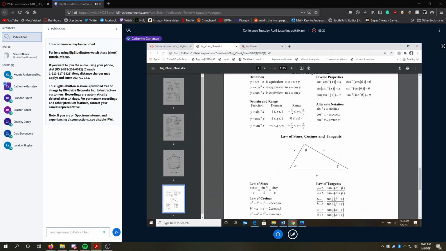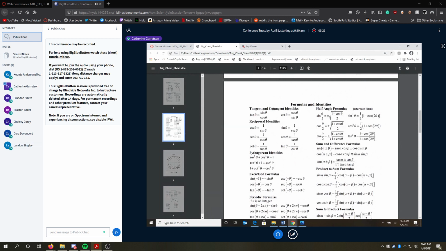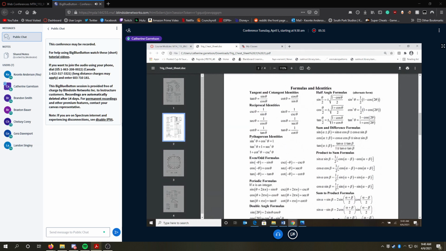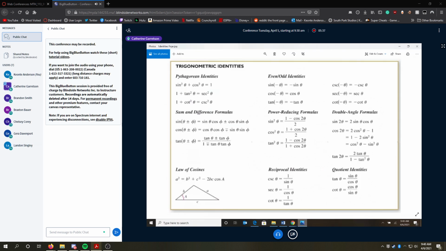So really what you need for this test are your trig tables. And I would have this formula identity page, and I would have the other identities page. And I would make sure I had those. Okay, so any questions about what you're going to need to do to take the test?